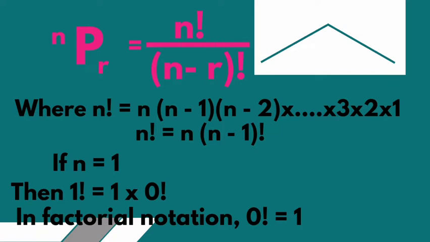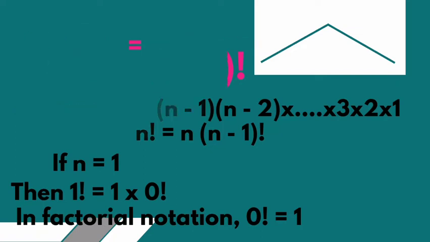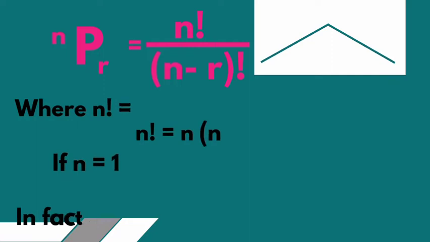n multiplied by n minus 1 multiplied by n minus 2, till you have the series of reduced numbers till 3 multiplied by 2 multiplied by 1. What this means is that each number of n will keep reducing.